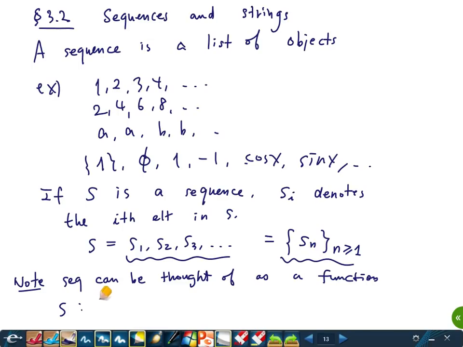Then S is a function from the positive integers 1, 2, 3 to a set of objects. Just think of S_1 as the function S of 1. So it assigns an object S_1 to 1, S_2 to 2, etc. A sequence is basically a special function where the domain is the set of integers 1, 2, 3, and so on.